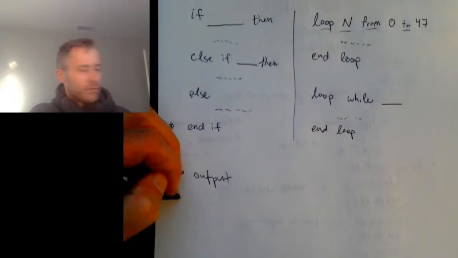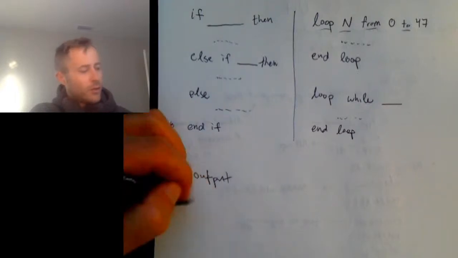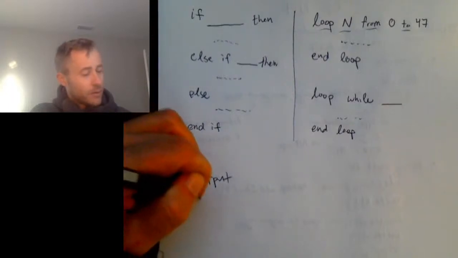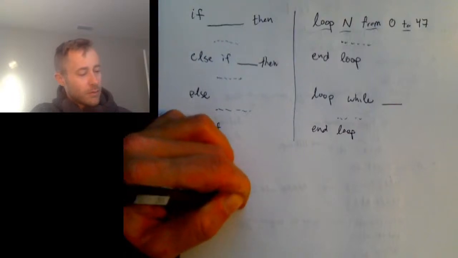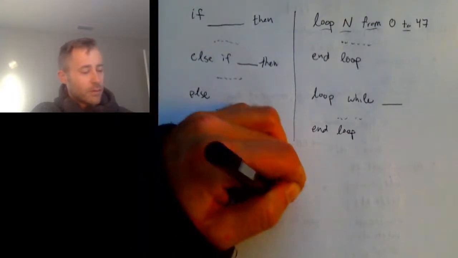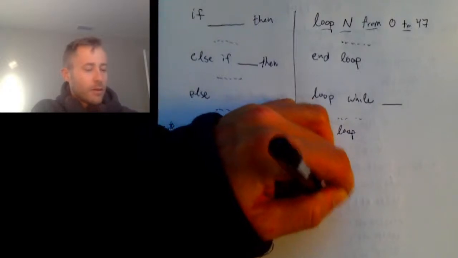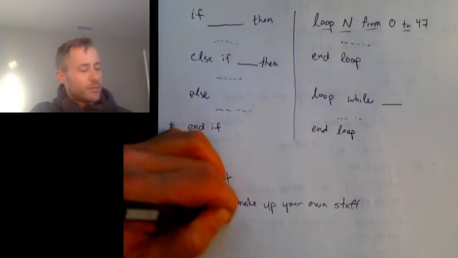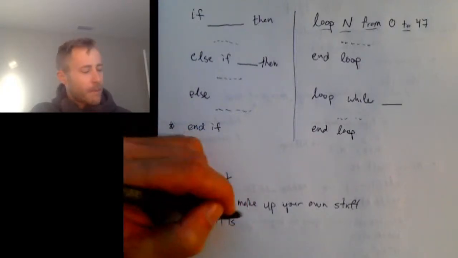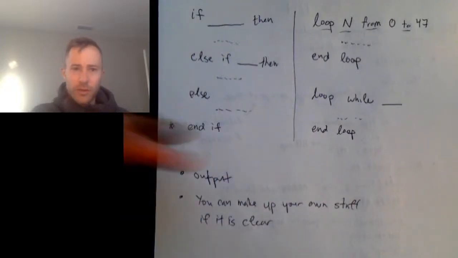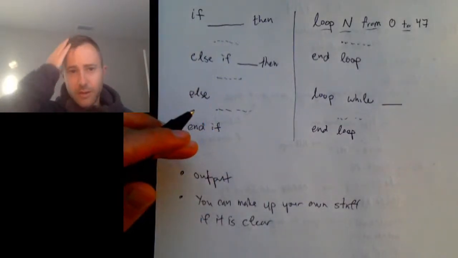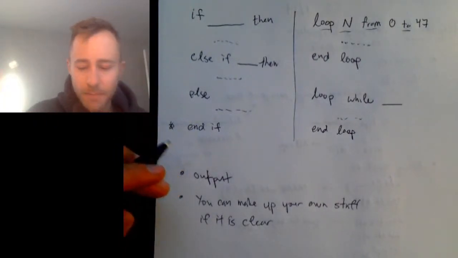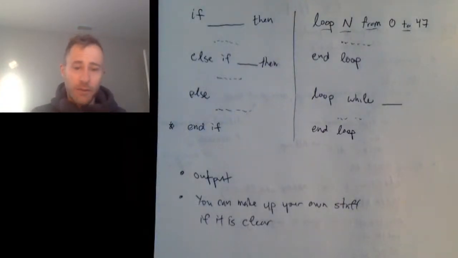A final pretty important point is that you can pretty much make up your own stuff if you need to, if it is clear. So you could provide comments and then just say, like, let function f be a function that does blah, blah, blah. And then you could use that function.